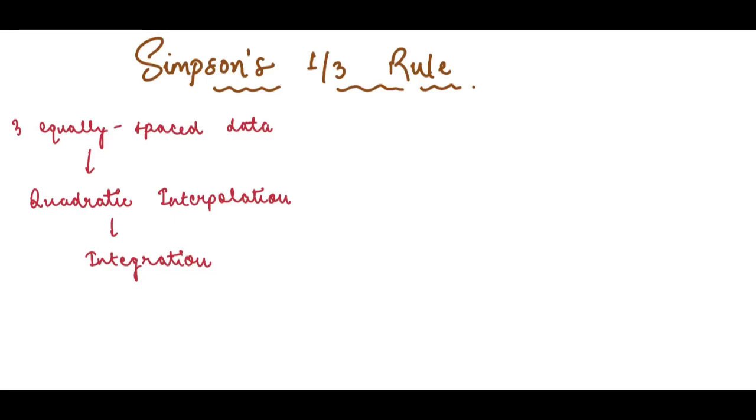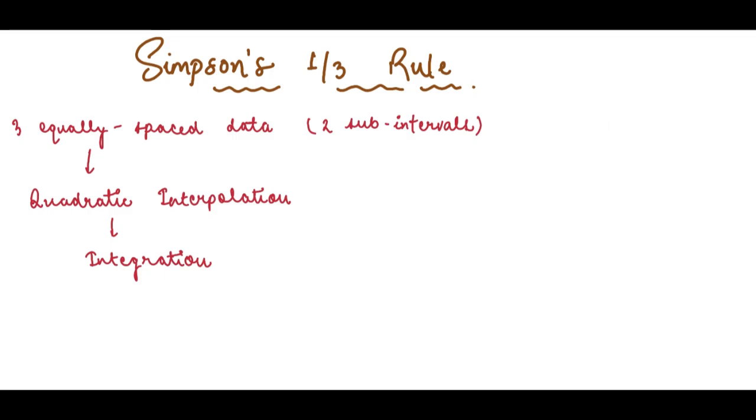Now there are some conditions for Simpson's one-third rule, which are extremely important from the examination point of view. For the basic Simpson's one-third rule, we need two subintervals. That means we need three equally spaced points.